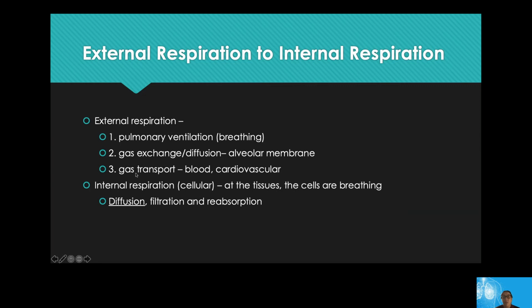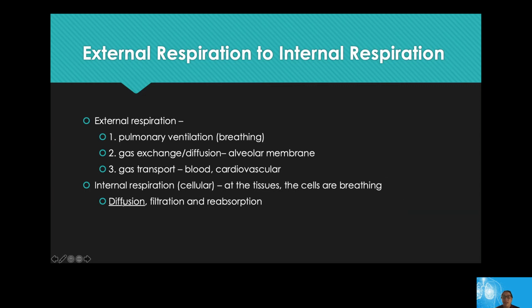Then the third component really brings in the cardiovascular system and the blood itself when the gas is transported. And then once that gas has made its way to the tissue, the internal respiration happens at the tissues. And basically you want to think about it as if your cells are breathing.